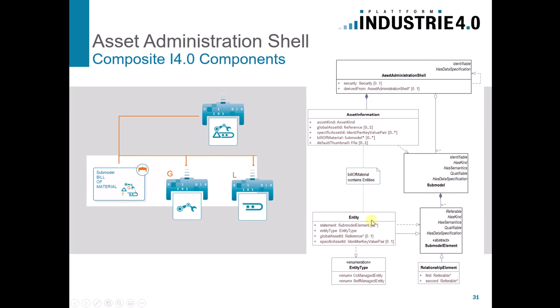And here you find it. This is an entity. This was a submodel element, and it has the entity type co-managed or self-managed as explained. And in this case, it might be a relationship like part of or consists of, and this is the relationship element. So a bill of material typically consists of entities and of relationships between these entities.